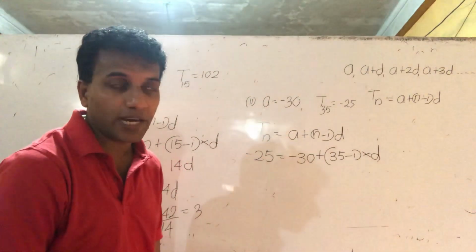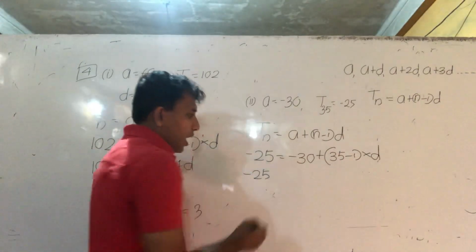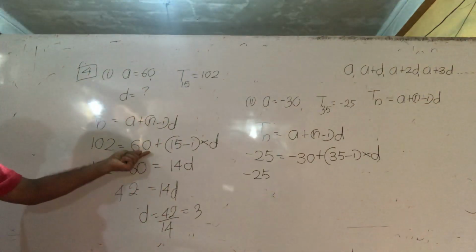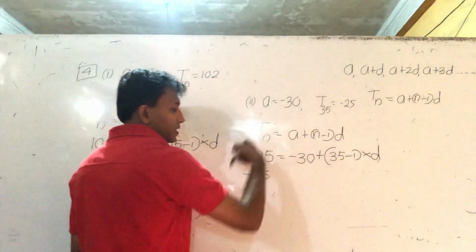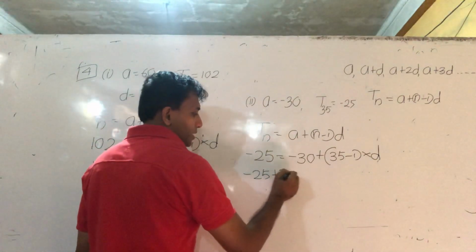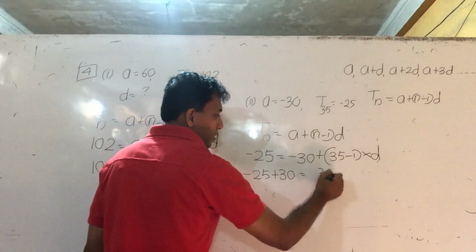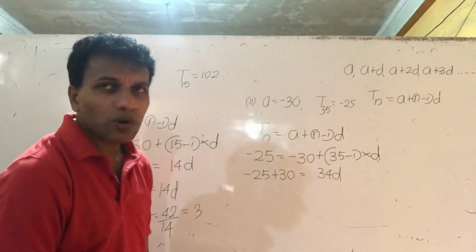We will find the D answer. Minus 25. Take the minus 30 to this side, as I mentioned, 60 we took to this side as minus 60. So minus 30 goes to this side as plus 30. Here we have 34D.